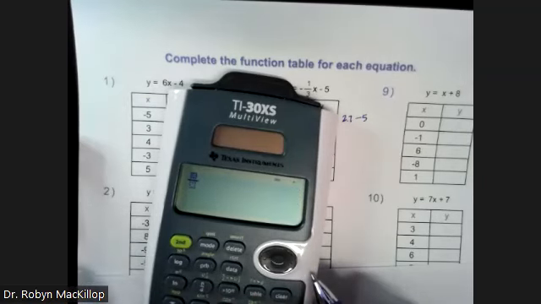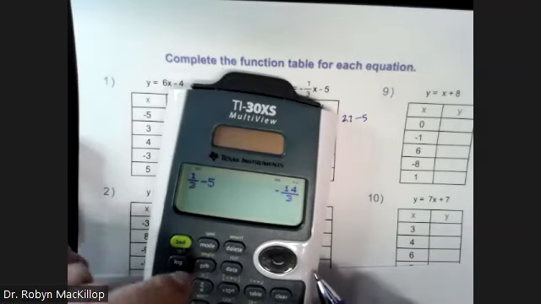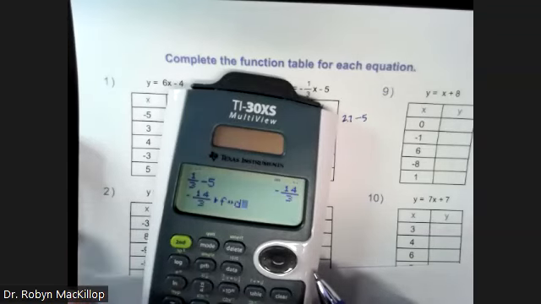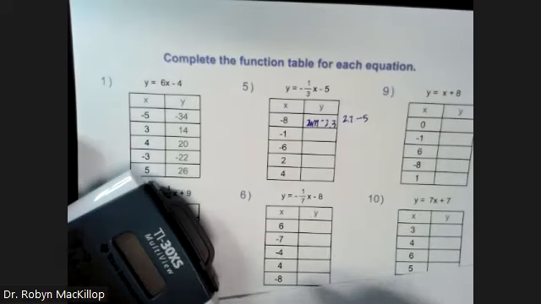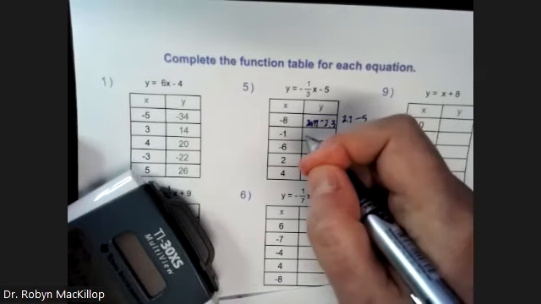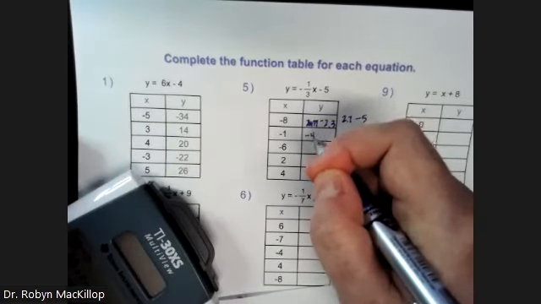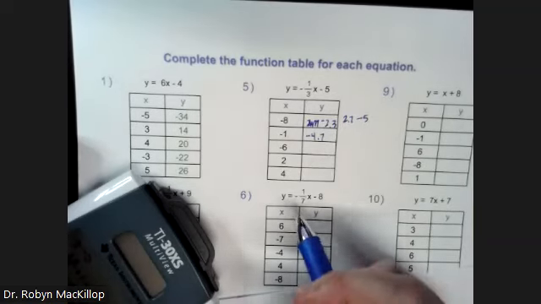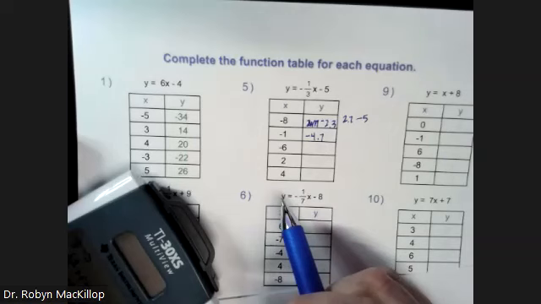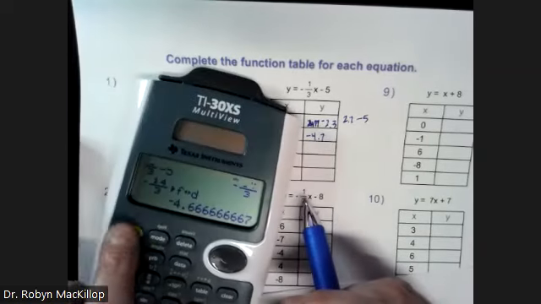And that was 1/3 minus 5 should be -4 2/3. And green button, fraction to decimal, enter, -4.66666. So -4.7.